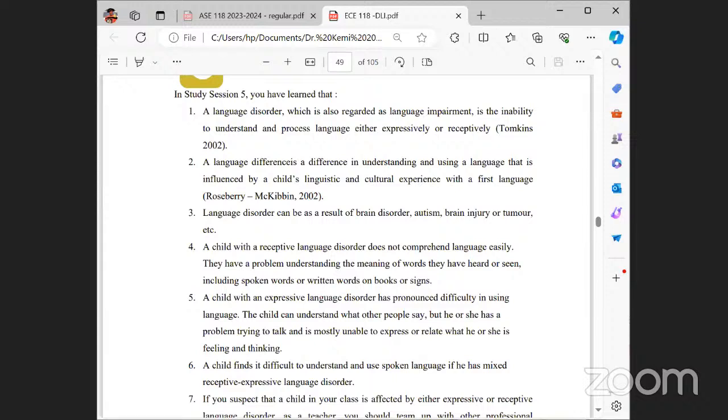But I am recommending that experts should look into this condition and see if indeed I have observed well. You are teachers. So you're not expected to take up the work of experts in speech disorder.